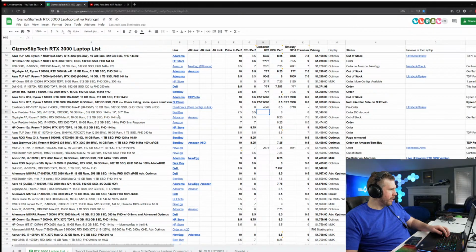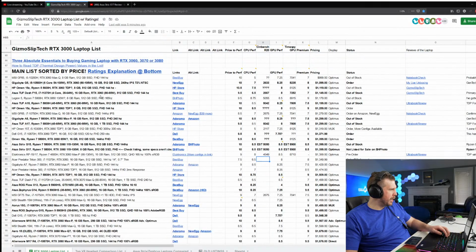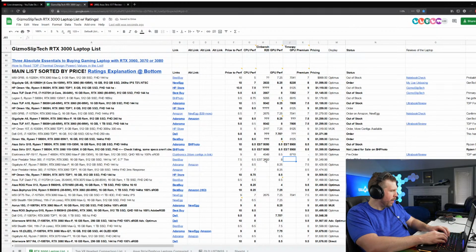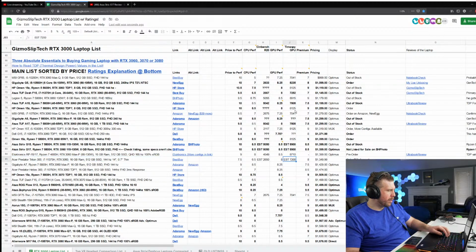Okay, I can't find anything, so we're going to use the Tough Dash's performance for estimating. 2650 for the CPU. The GPU, we don't know, but it is probably pretty close to the Tough Dash. Wait, yeah, no, probably a little less than that.